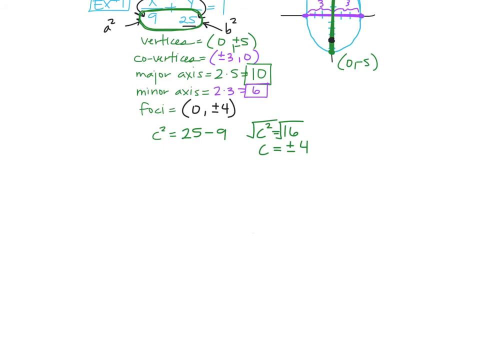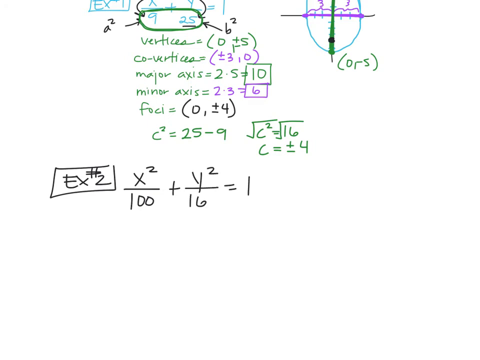All right, example 2. For this one, we have x squared over 100 plus y squared over 16 equals 1. And I'm just going to do the same type of problem sitting the opposite way. So if you feel like you're good with this, you can skip to the next problem if you want, but I just want you to see what we're looking at here.